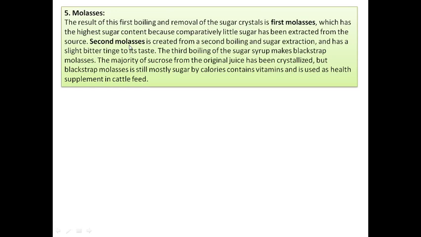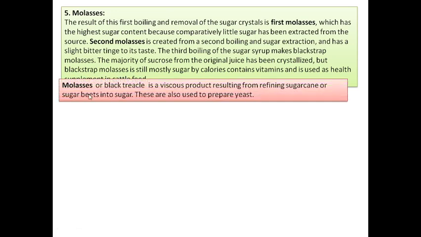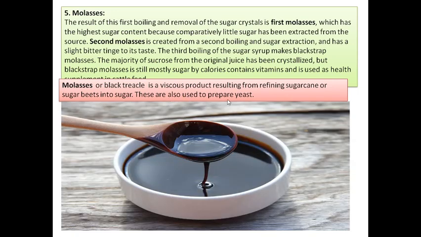Then we have the second molasses, created from the second boiling and sugar extraction, and it has a slight bitter tinge to taste. Molasses is a viscous product resulting from refining sugarcane or sugar beets into sugar. These are also used to prepare yeast. So here you can see, this is the molasses.